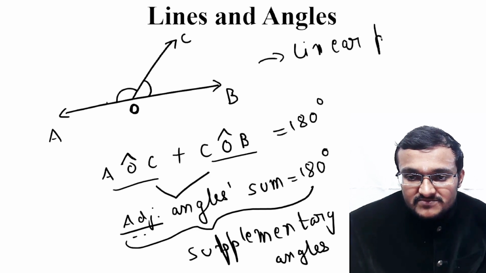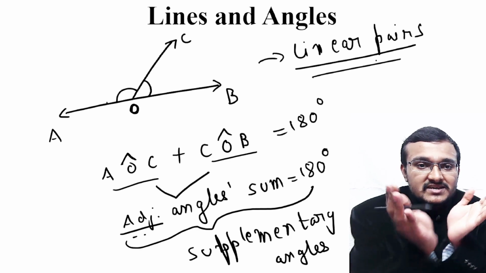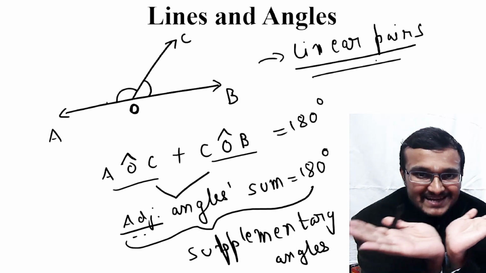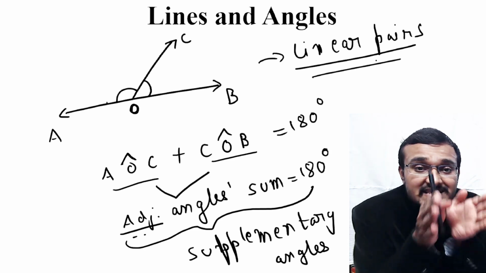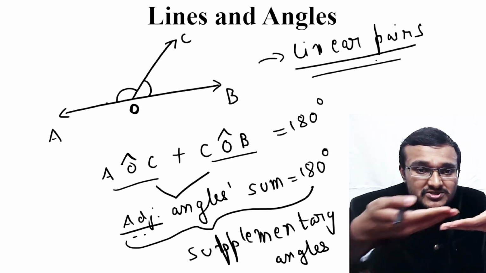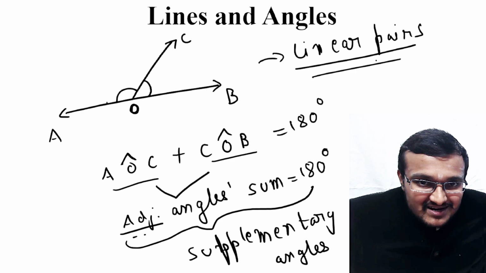There is one more term here, which is known as linear pairs, because if you take the sum of these two angles, it is equal to 180 degrees. So that means those two non-common lines.